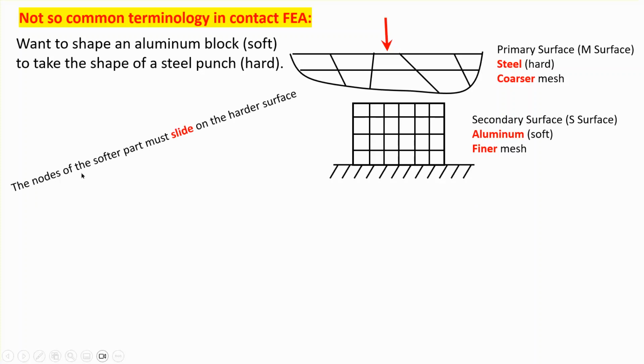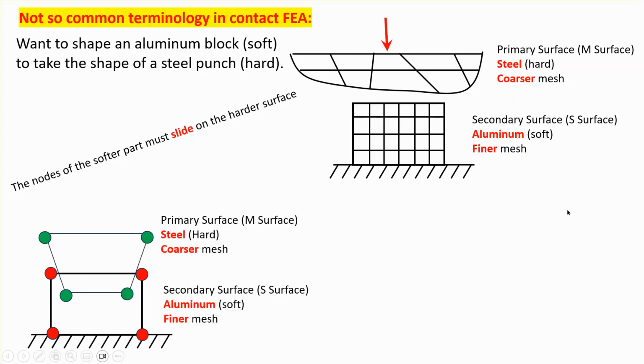Now, remember, the nodes of the softer piece, which is this, slide on the boundary of that primary surface, on the punch. The nodes of the aluminum actually slide on that. This is something to keep in mind.